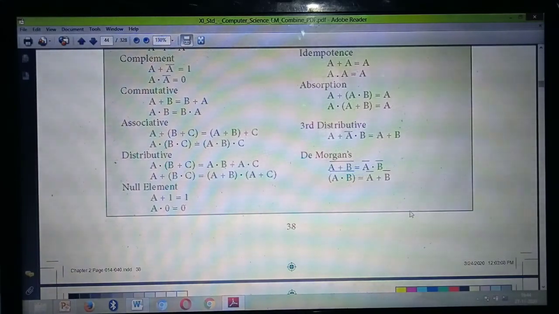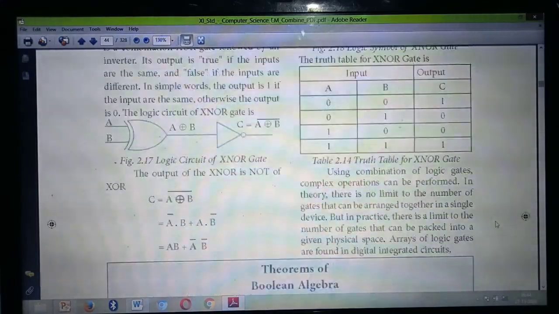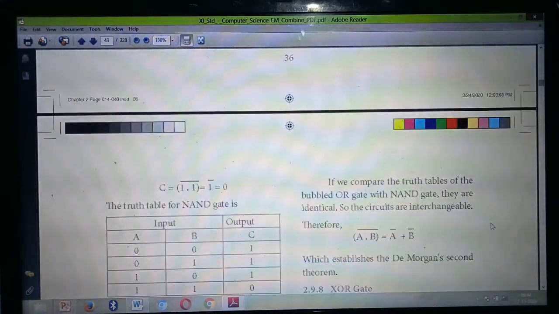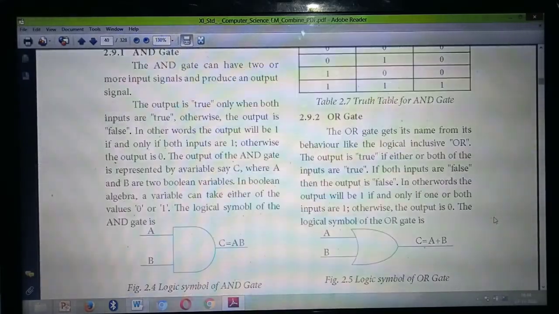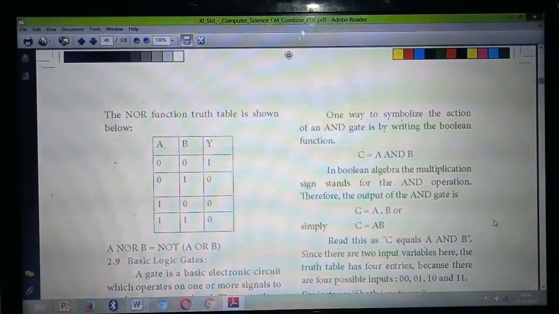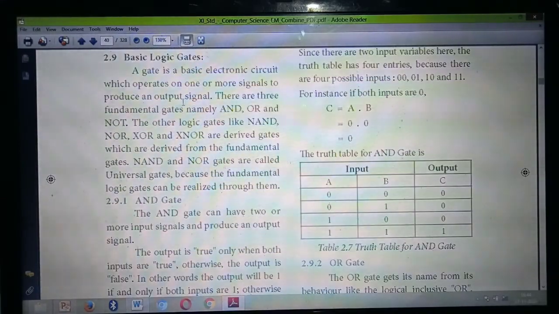Then the 2 mark question, fifth question. What are derived gates? Take page number 34. Here, under the heading basic logic gates, from here, cut the other, no need.